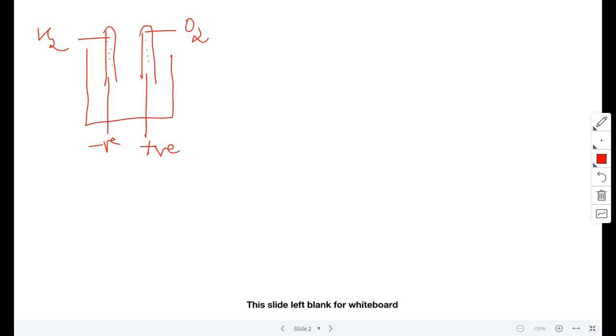So now water can be decomposed by using this apparatus. Decomposing the water means, what do you mean by decomposing water? You're breaking the water molecule, right? That means water is being broken into H2 and O2, right? If you balance it, it's 2 to 2 and 1.